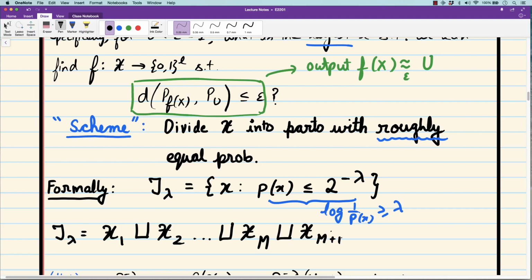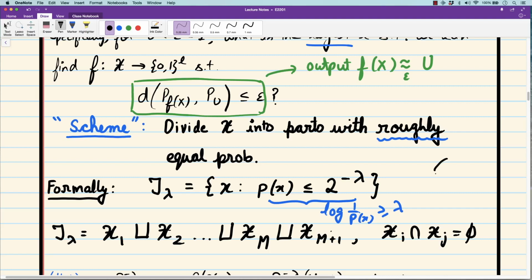Okay. What is this notation? This notation denotes union of disjoint parts. So I'm calling it a partition because we assume that x1, x2, up to xm, xm plus 1 are all disjoint, and their union is exactly equal to T lambda. This is our assumption. The intersection is empty. So such a thing is called a partition of this set.